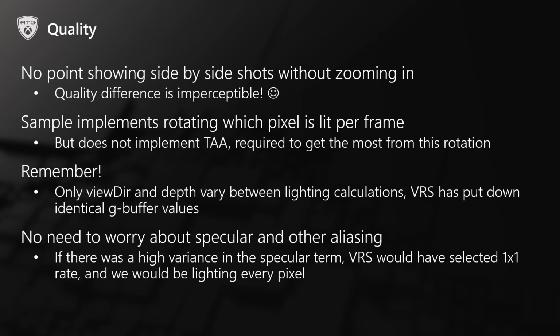And the key thing to remember here is if your scene contains some kind of very strong specular aliasing, specular highlight, then you should be running at full rate. Variable rate shading should have picked 1:1 rate. Therefore, we would be running the lighting at full rate as well. And this is one of the reasons that I didn't bake the albedo into texture, because the texture would have been filtered. So that is unfiltered, to see if we can maintain the quality.